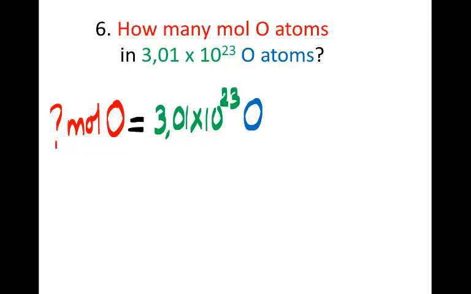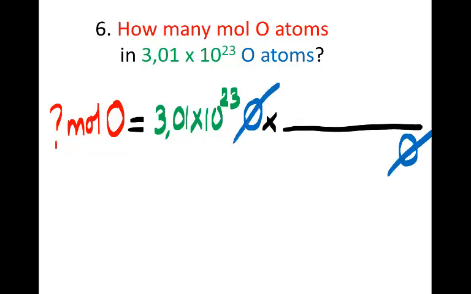Very big difference between mole O and just plain O, because mole means 6,02 times 10 to the power 23 of these O's. So we need to multiply this by a conversion factor which has O, not mole O, just O, in other words O atoms, at the bottom to cancel away O atoms, and we need mole of O atoms at the top to introduce the required unit.